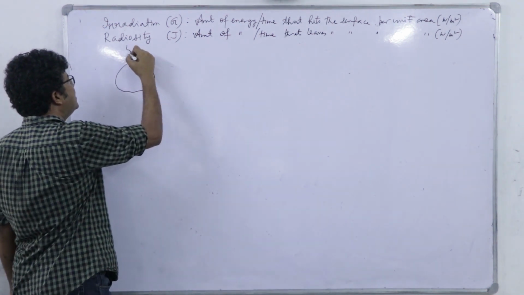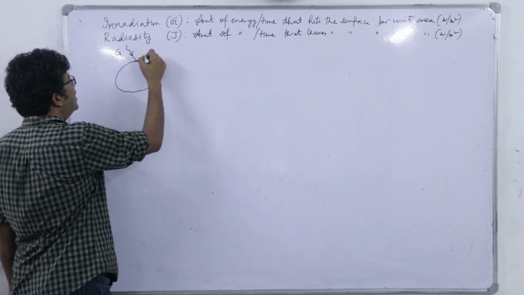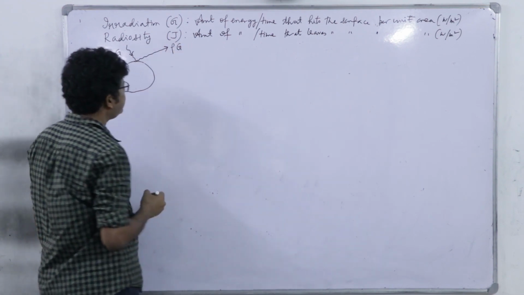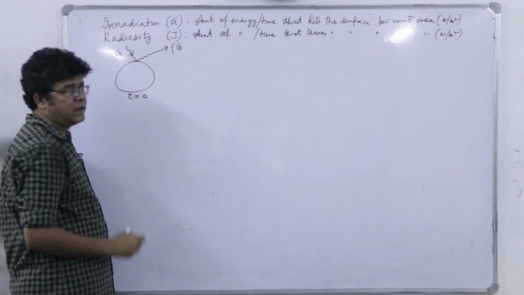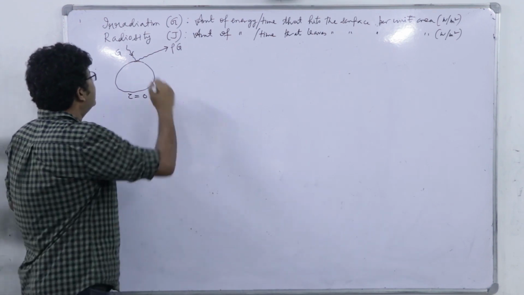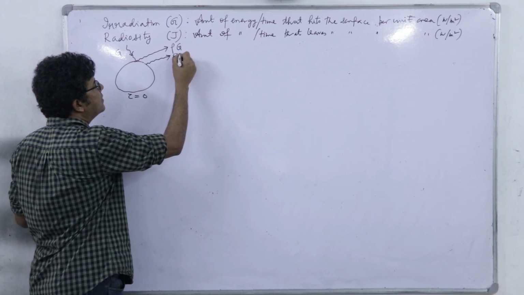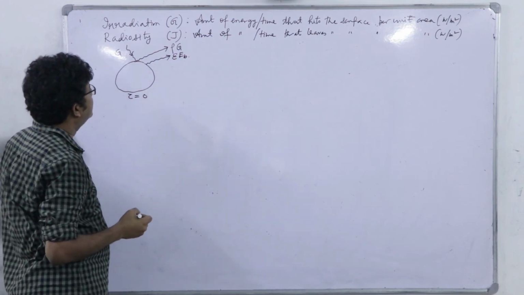So, whatever is heating per unit area, that is G, a part of it will be reflected, that is rho into G, and we consider tau, the transmissivity, equal to 0. These are all opaque surfaces, and the body also emits radiation at a rate epsilon into EB, right.